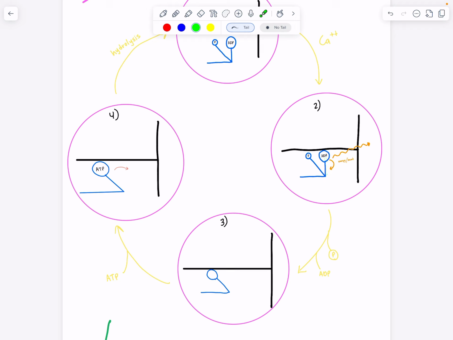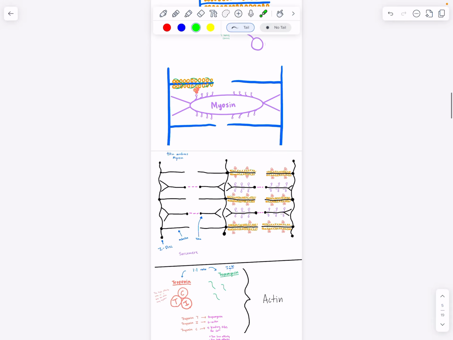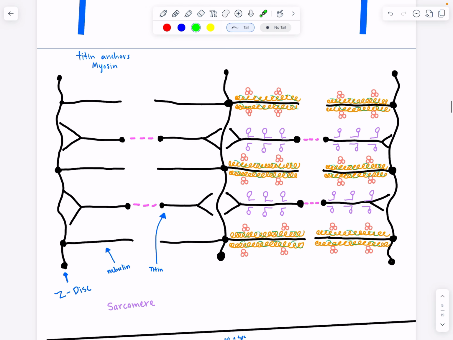And then when it binds, when those two things get pulled together, that whole process of binding, becoming cocked, it's kind of like it's pushing the actin and the myosin together. Sorry, it's hard to explain without using my hands to show you. But it basically pushes these together.